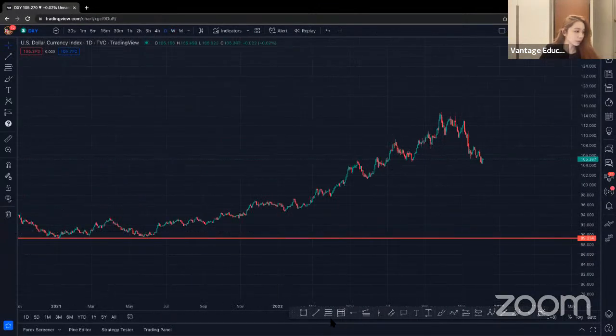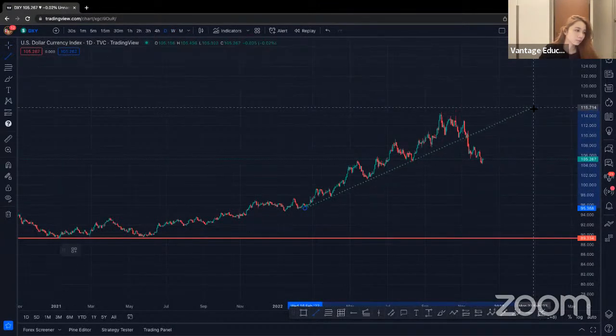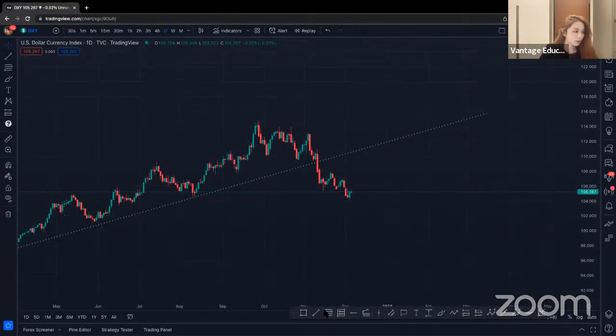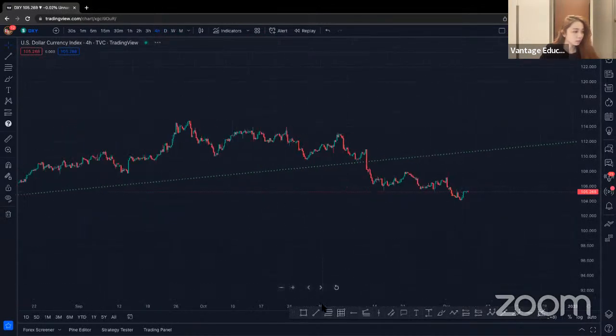Let's do the trend line on the daily. Previously upward moving, we can see that now it has gone down slope and we are looking at a downward trend. Let's look at H4.